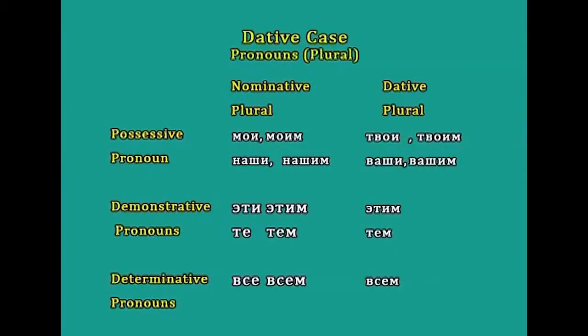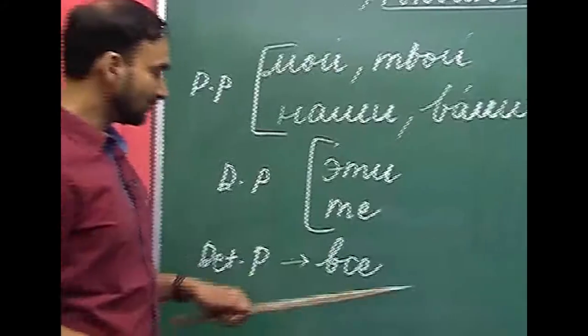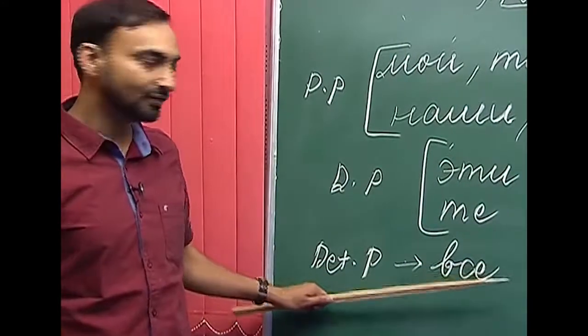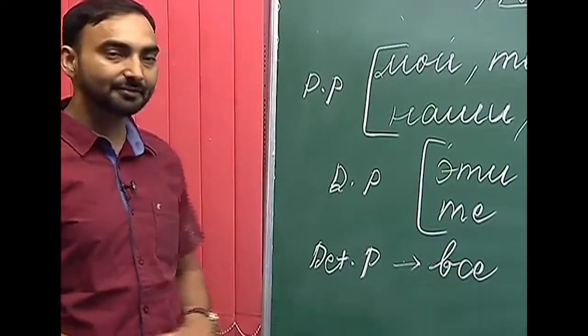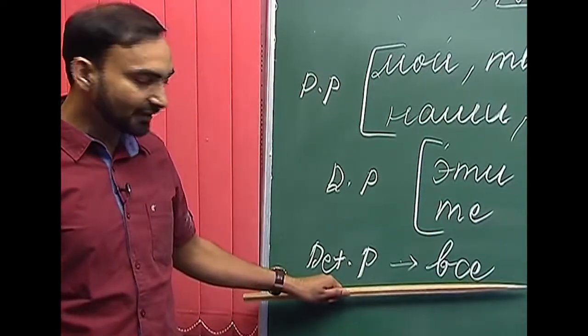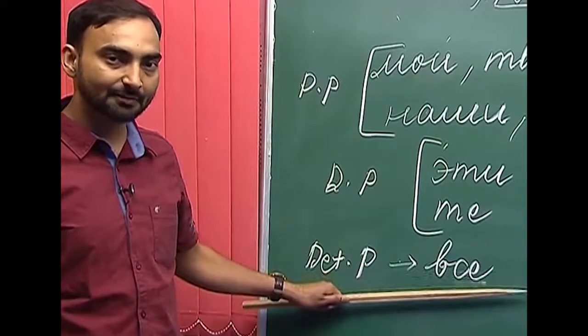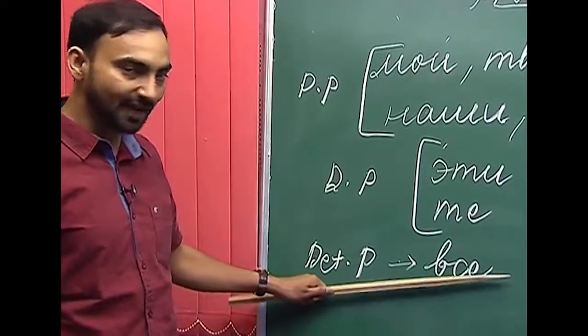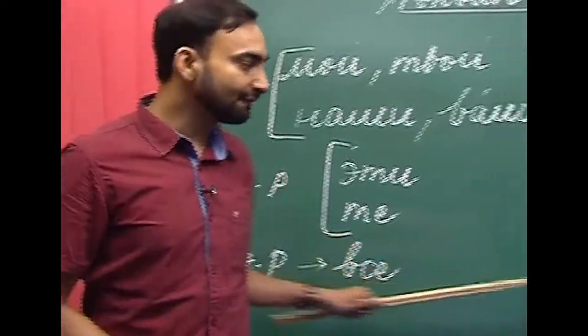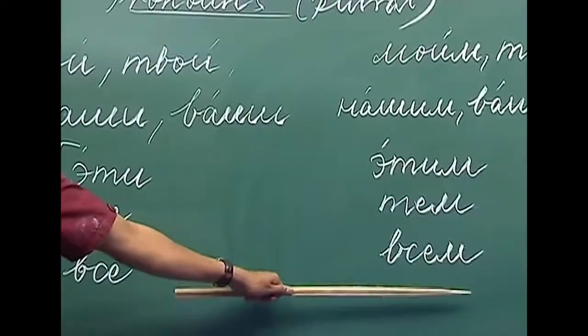These are the dative plural of etat and tot. Now, the third type of pronoun I have written here is the determinative pronoun. This is the nominative plural of the determinative pronoun vase. This is vse. What happens when this pronoun is used in the dative case? Vse, same.